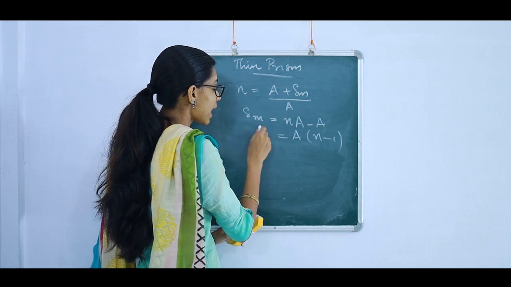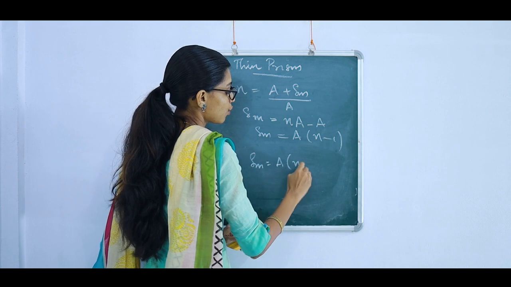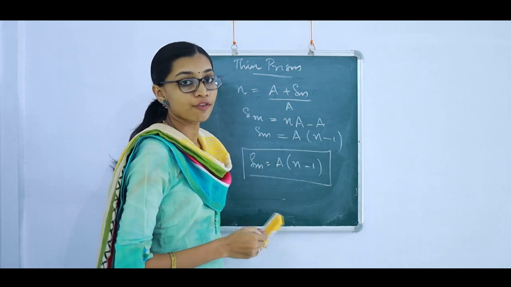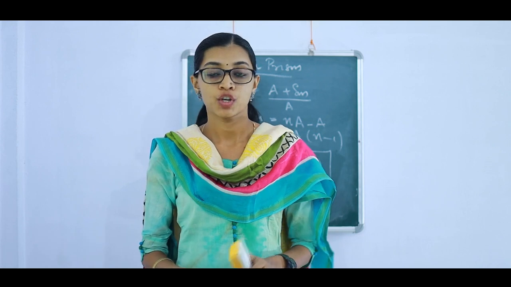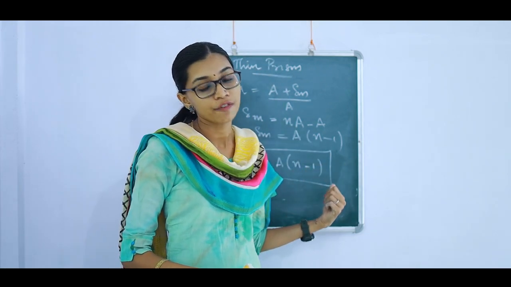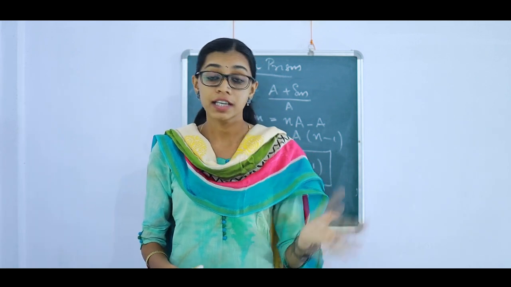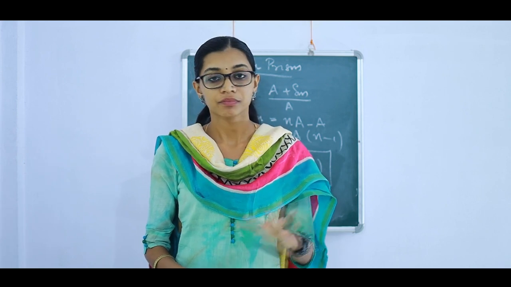So delta m is equal to A into (n minus 1). This is the formula of minimum deviation or deviation through a thin prism. So all you have to know is the angle of the prism and the refractive index of the prism to obtain the deviation or the minimum deviation of a thin prism.